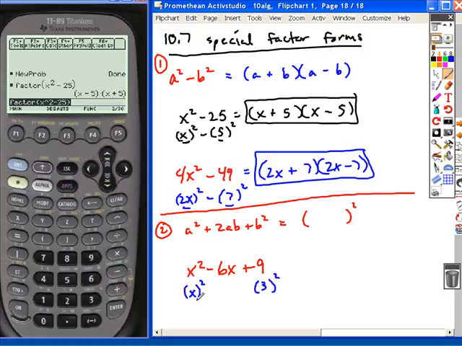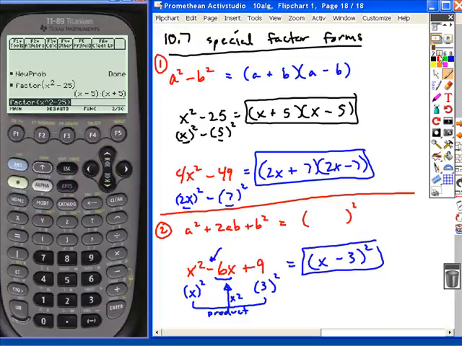And then if the middle term happens to be twice the product of this, so if you take the product of this first base and this last base and then you double it, do you get this middle term? Your bases are x and 3. The sign in between is your negative, and so that would be the factors. This fits the pattern of a plus b, that's this binomial square.